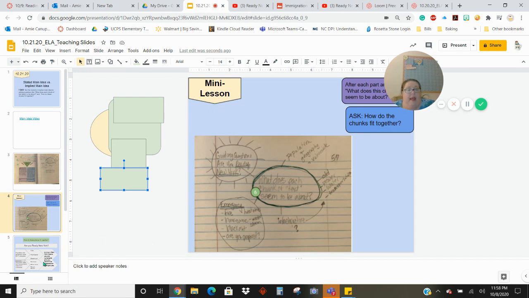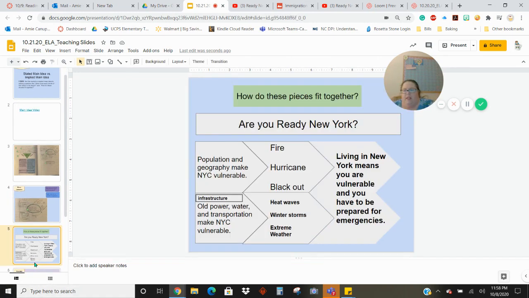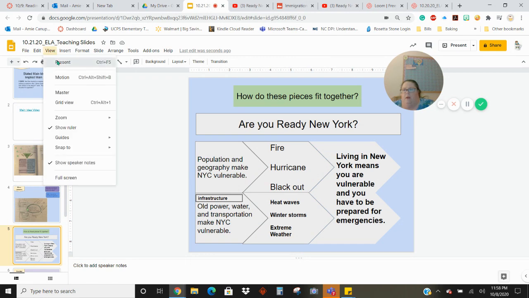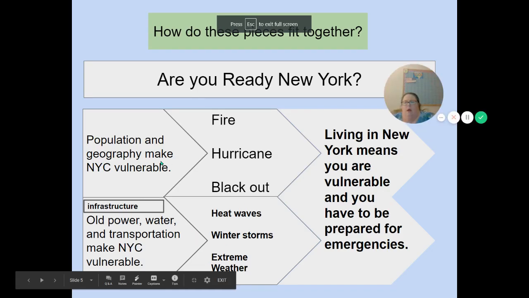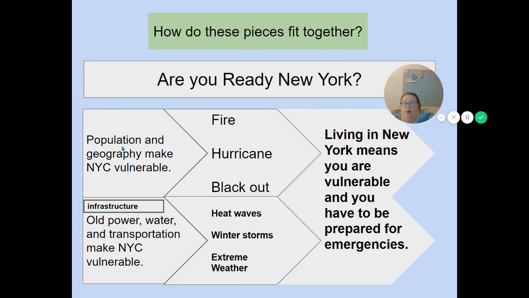Okay, so now that we've done that, we've figured out what the big chunks are. Emergencies, whether they're man-made or nature-made, and the two reasons that New York is vulnerable: the population and geography, and the old power, water, and transportation. Now, how does that fit together? Well, it fits together kind of like a cause and effect, because they are vulnerable because of the geography and the population.